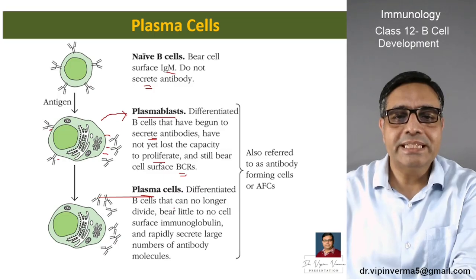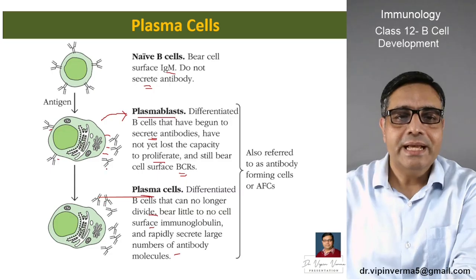and the next stage is the plasma cell, where the differentiated B cells can no longer divide and bear little to no cell surface immunoglobulin. So you can see here the BCR is absent, and there is no proliferation, and they rapidly secrete large numbers of antibody molecules.